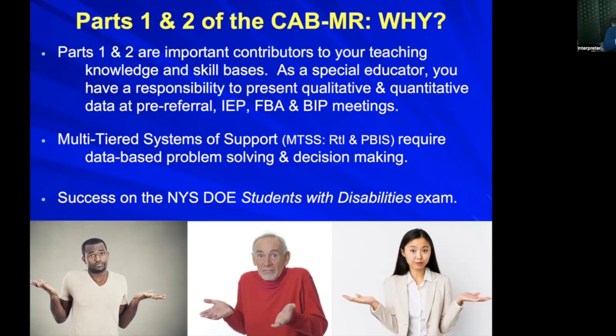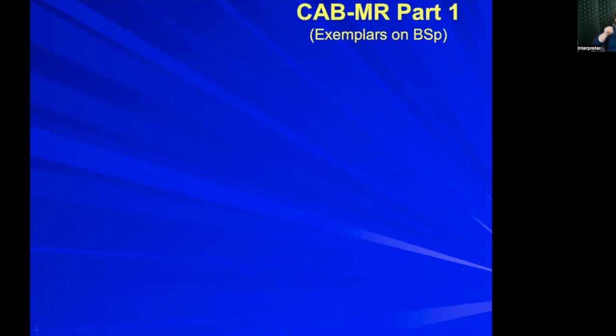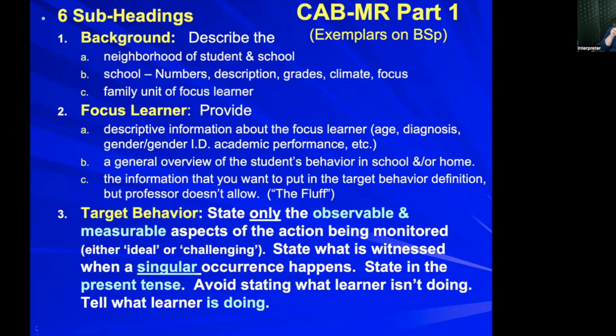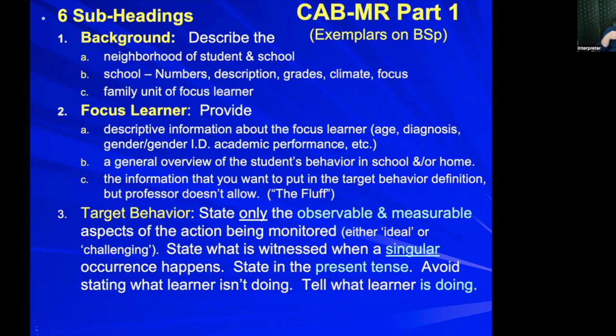It'll also behoove you, these parts one and two, in taking the Students with Disabilities exam, which is upcoming for all of you folks. There's a lot of material on that state exam with regards to what we cover in this course. So again, those exemplars are there, and we have the different parts of the CAB-MR.